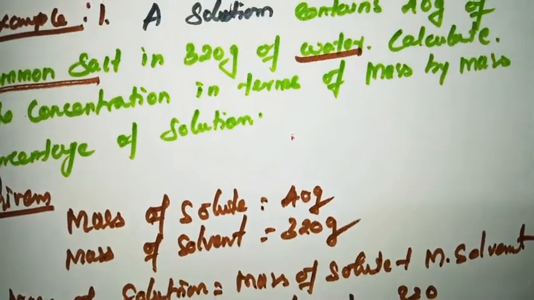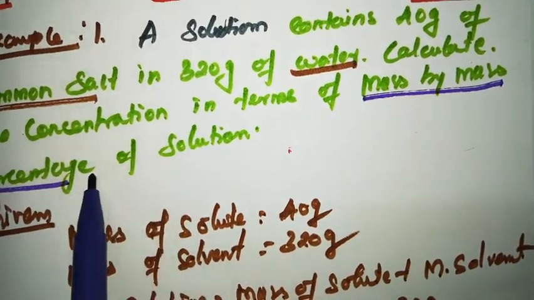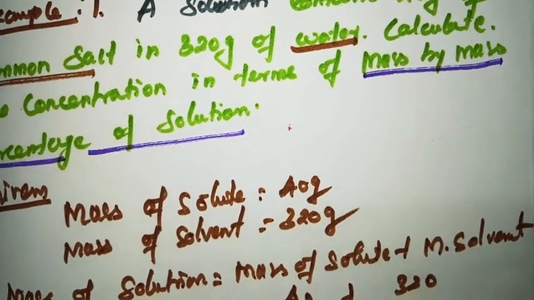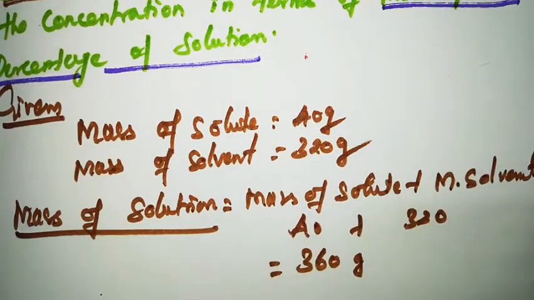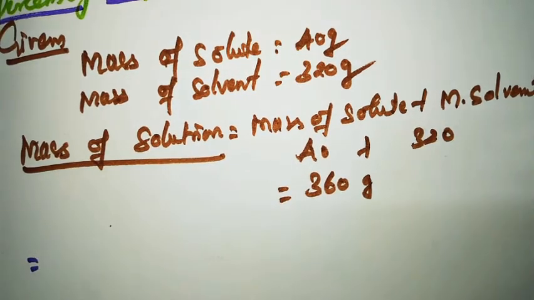Now you know the formula for mass by mass percentage of solution, the first formula I already discussed: mass of solute divided by mass of solution, multiplied by 100.